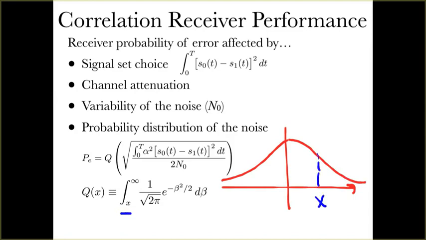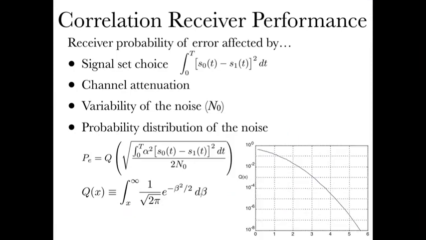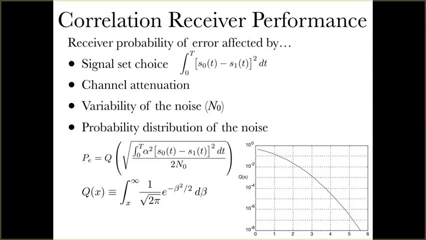So start here at x and you get that area. So clearly, as x gets bigger, Q gets smaller. So it's a decreasing function, and I plot it here on logarithmic coordinates. This is really interesting, how quickly the Q function goes to 0.